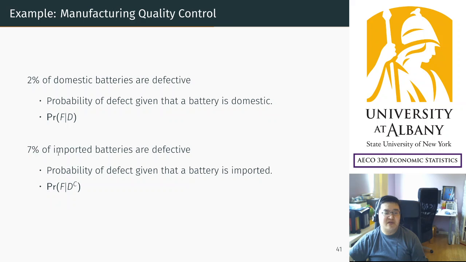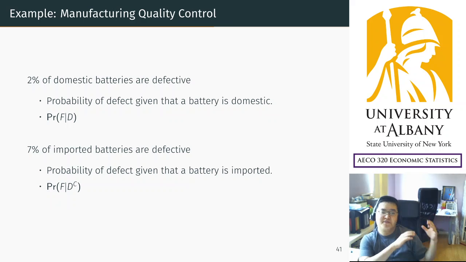Similarly, 7% of imported batteries are defective. In this statement, the condition, what has already happened, is being an imported battery, right? You randomly choose an imported battery, and then check if that battery is defective or not.